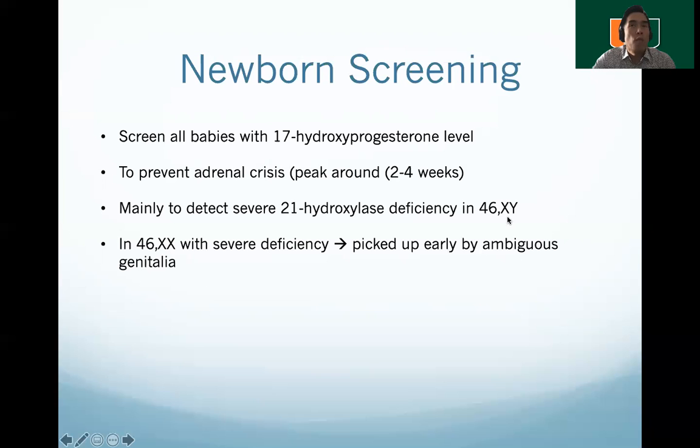Unlike 46XY, they look completely normal, so they can be missed. So the main reason newborn screening was created to detect CAH is that many of these 46XY infants did not have an evaluation, and they later developed adrenal crisis.